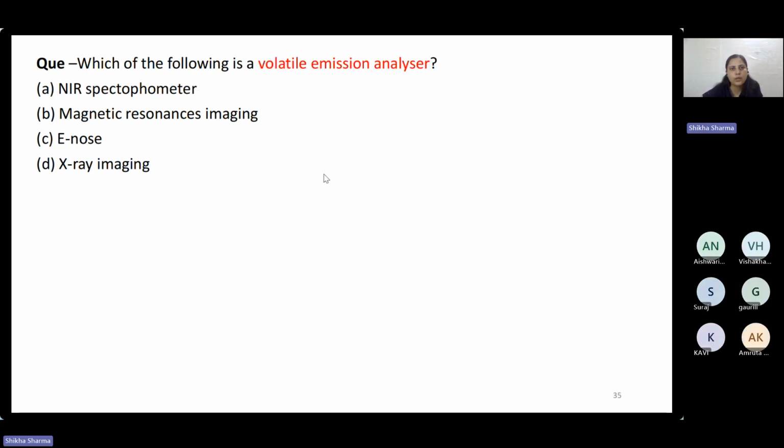Which of the following is a volatile emission analyzer: NIR spectrophotometer, magnetic resonance imaging, e-nose, or X-ray imaging? Option C. We are saying option C, electronic nose. Okay.